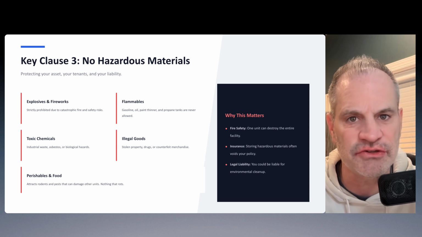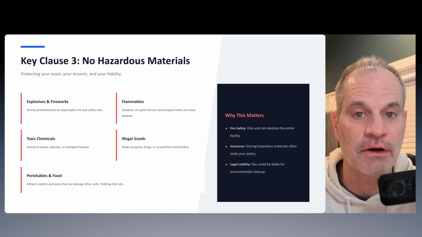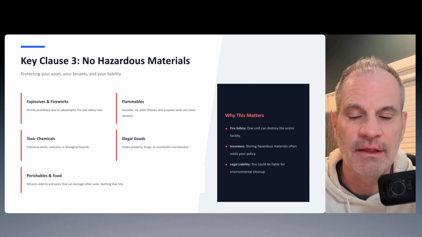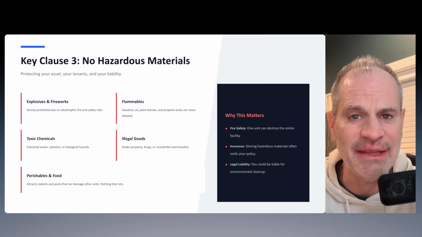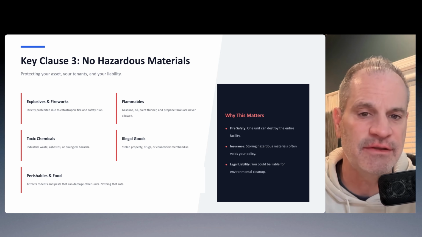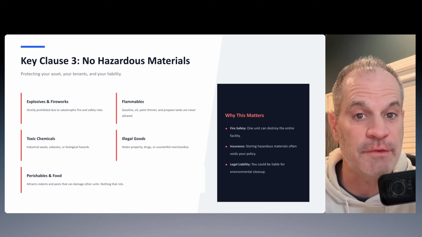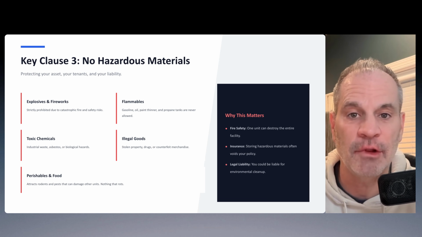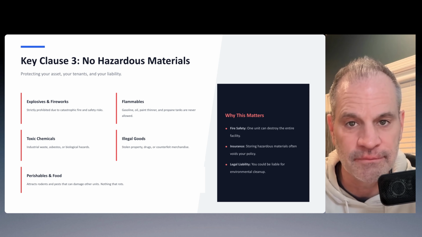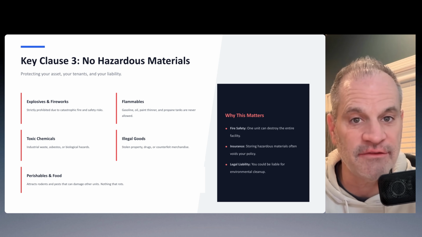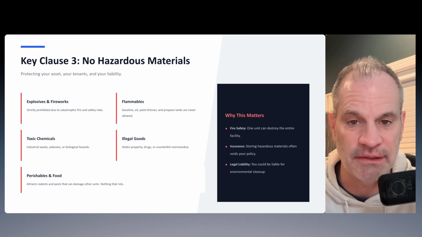Toxic chemicals, industrial waste, and illegal goods are also absolute no-goes. Finally, ban any perishables, no food, because they attract pests that damage other units. Storing hazardous materials can void your insurance policy, by the way, and leave you liable for environmental cleanup. This clause is about protecting the physical integrity of your investment.